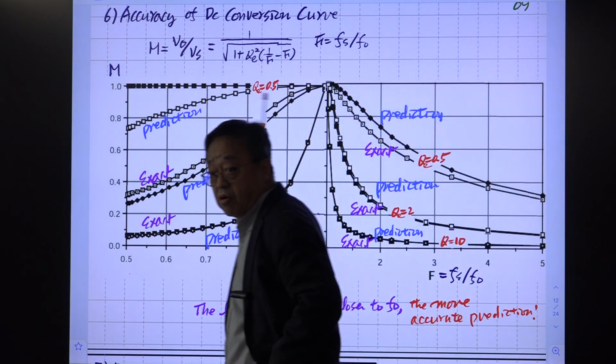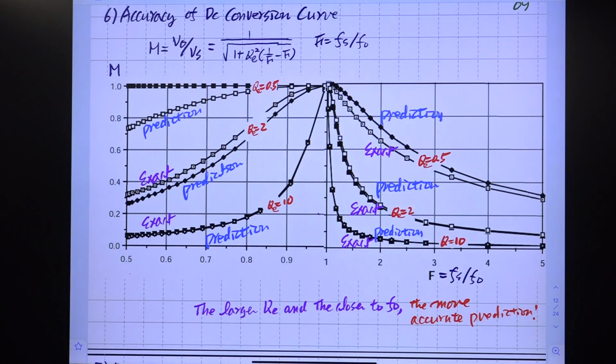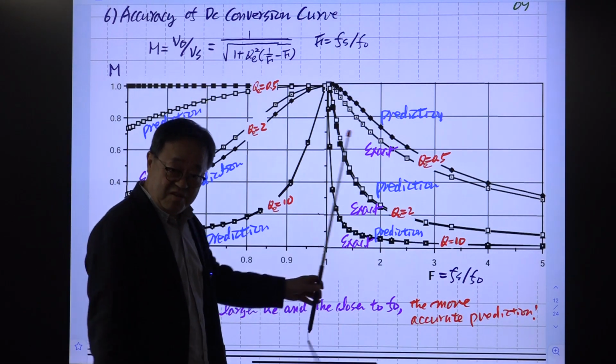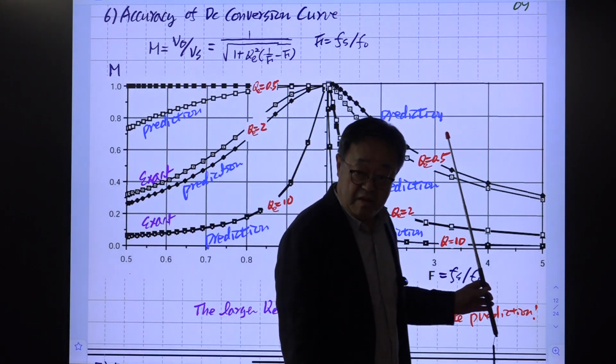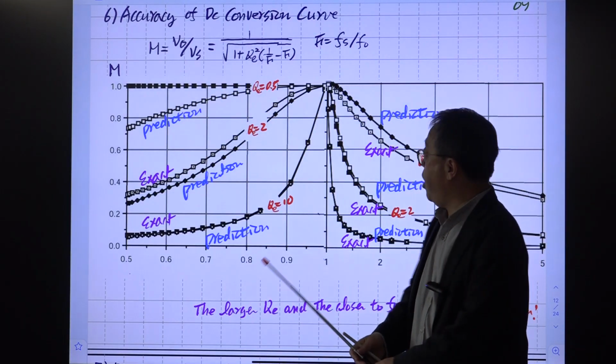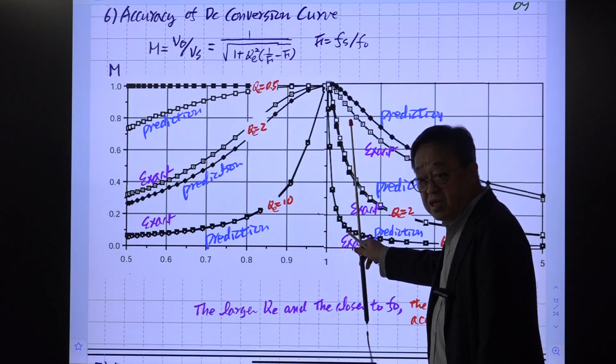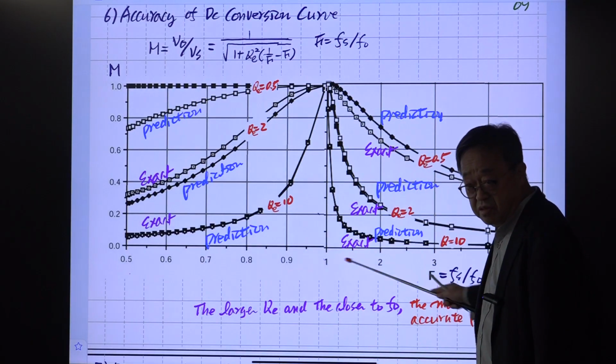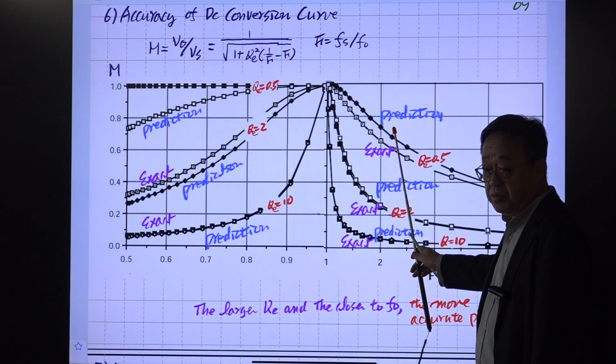So you should know the exact result for some cases, but you will be playing in this area, so you don't have to worry about this. By design, you will have high Q, and by operation, you will operate near the resonant frequency, so this accuracy is guaranteed. You don't have to worry about that.